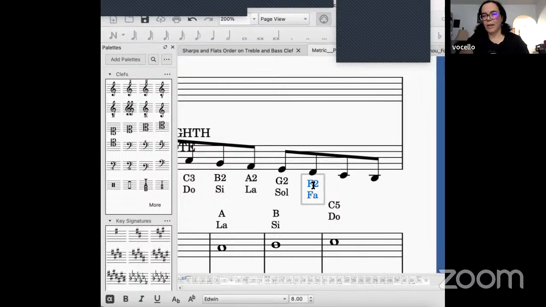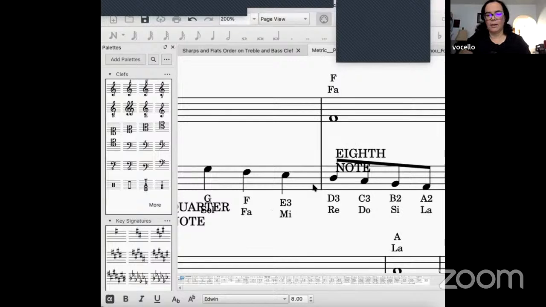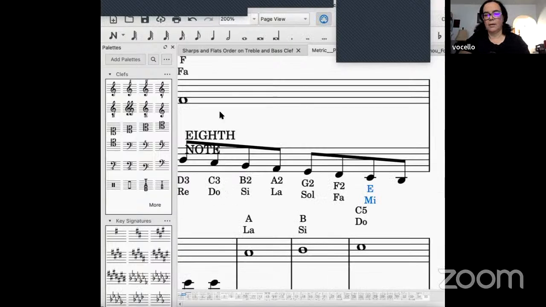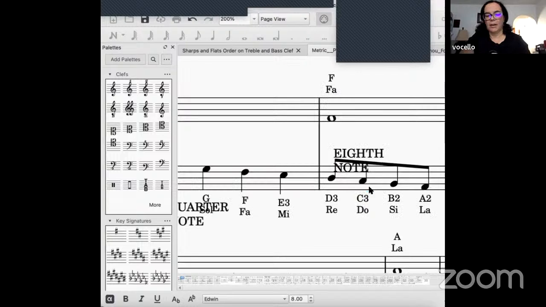The first ledger line below the musical staff on the bass clef is E or Mi. That E is E2. The second space below the musical staff on the bass clef is D2 or Re.